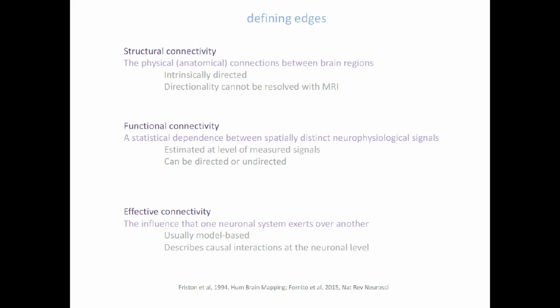My personal view is that it's useful to retain that distinction. If you say directed functional connectivity, then this is something that's been estimated at the level of the measured signals. Whereas if you say you've looked at effective connectivity, that means you've proposed some model of the underlying neural activity that generated your measured signals.